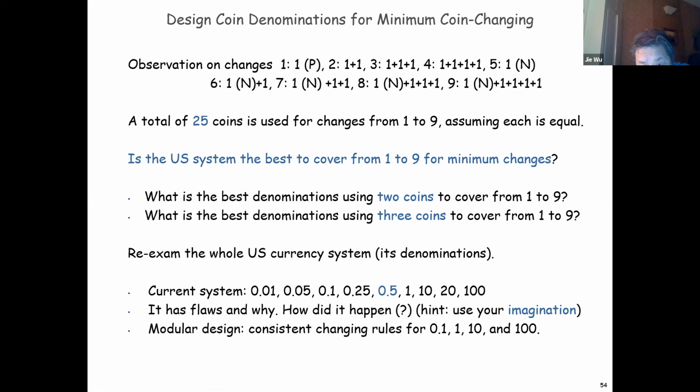Actually, to me, it sounds very odd. Why is it not uniform? Do you notice that you have a quarter, but why is there no $25 bill instead of the $20 bill? No one really studied this one. Maybe anyone can give me an explanation, you can do some research.